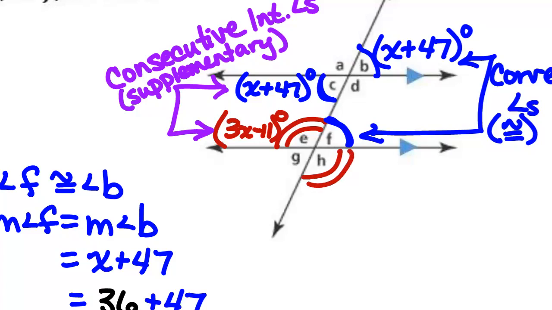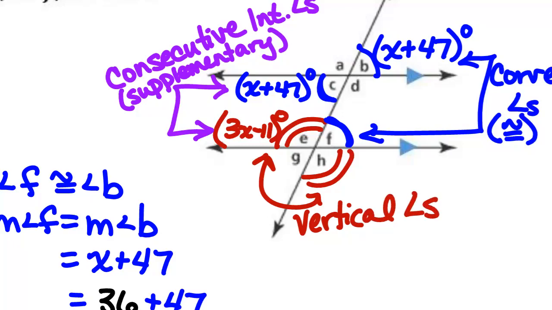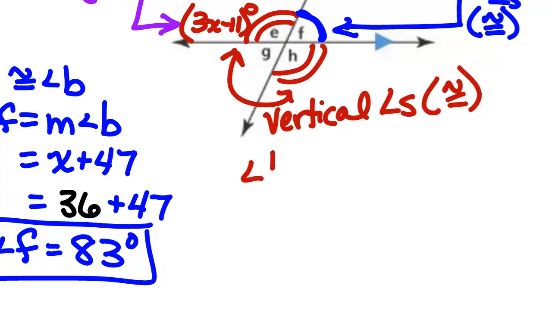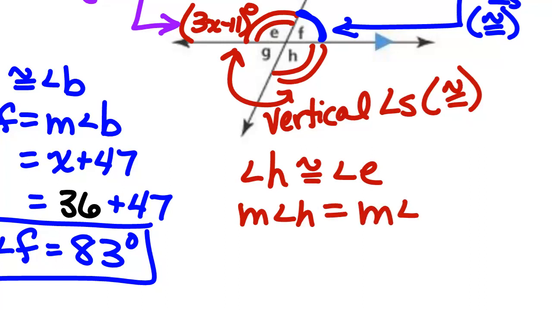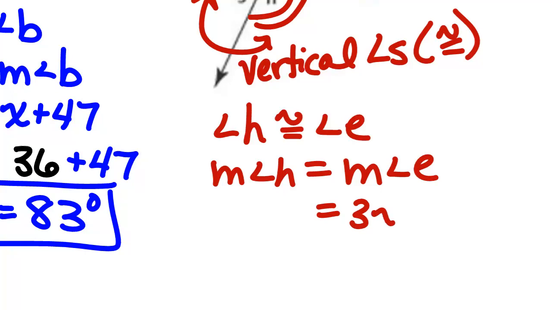To find H, that is a vertical angle with E. And vertical angles are congruent. So angle H is congruent to angle E. So the measurement of angle H equals the measurement of angle E. 3x minus 11.